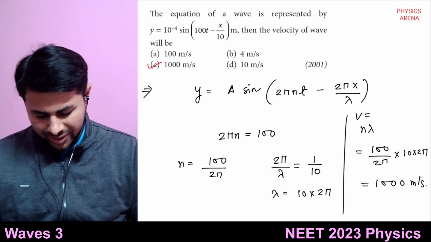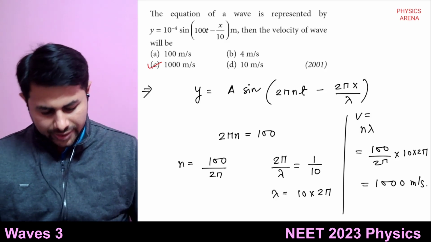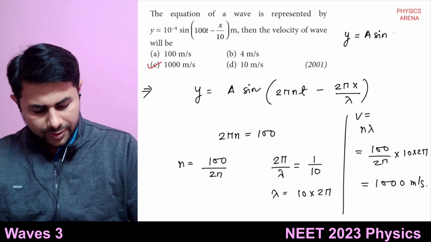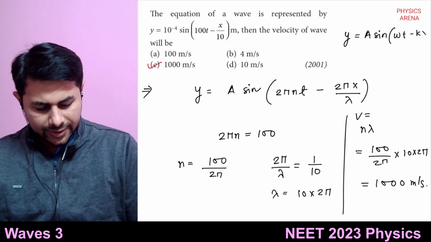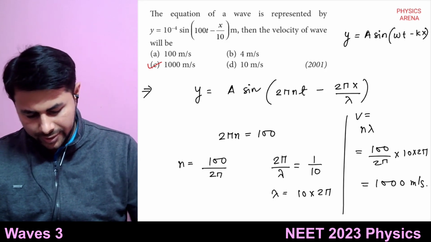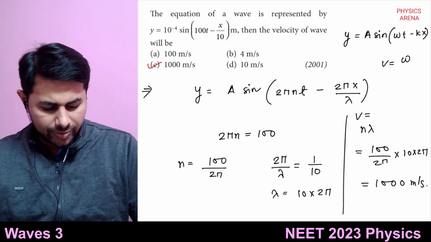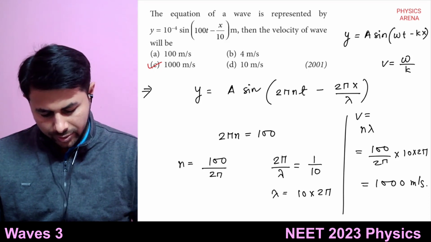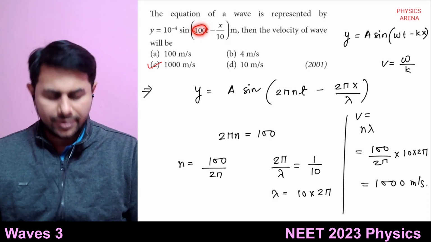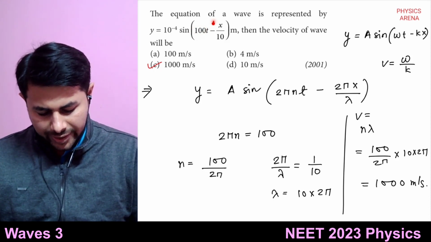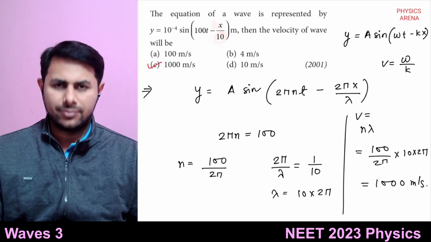There is another way to solve this. Instead of considering the full equation, we can just consider y equals a sine of omega t minus kx. That way it will be simpler. If we remember v equals omega upon k, omega is just 100, and k is 1 upon 10, right?